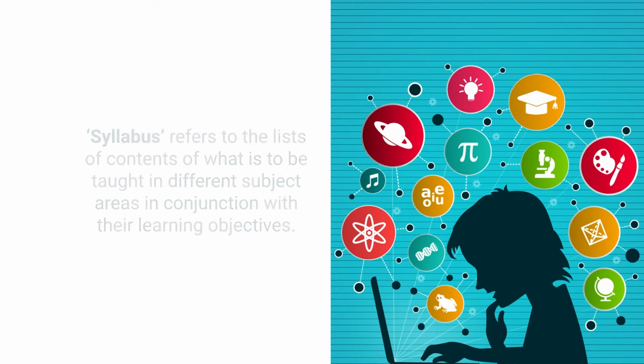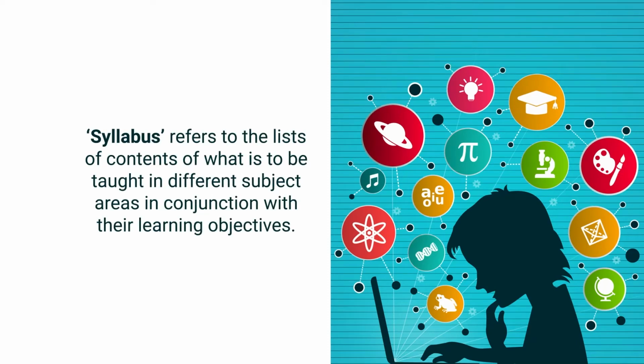Curriculum is the media, the platform. By transacting and practicing the curriculum, these goals can be achieved. And further we can say syllabus refers to the list of contents of what is to be taught in particular subject areas in conjunction with the learning objectives. Try to understand.